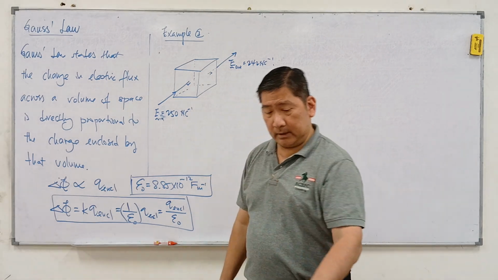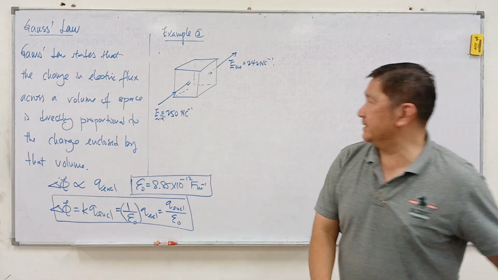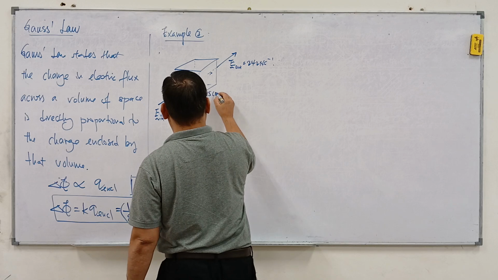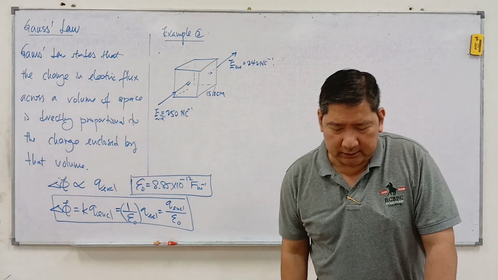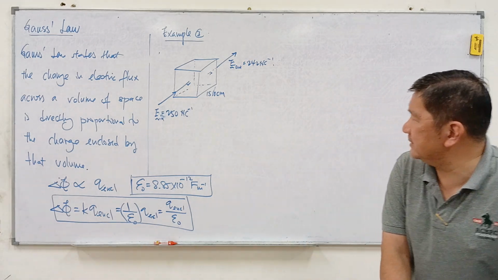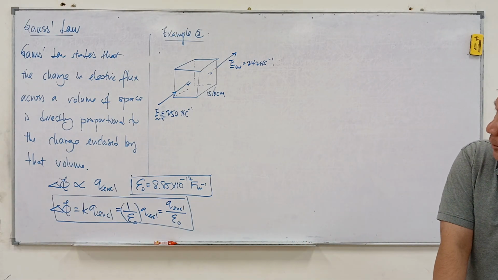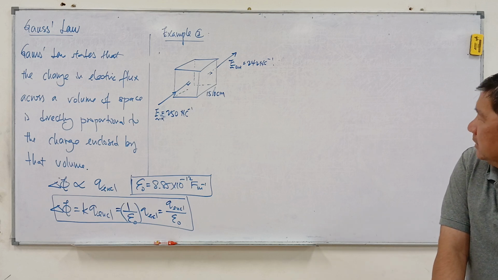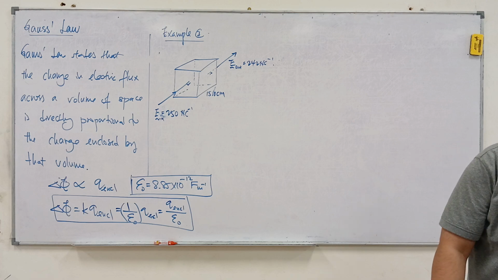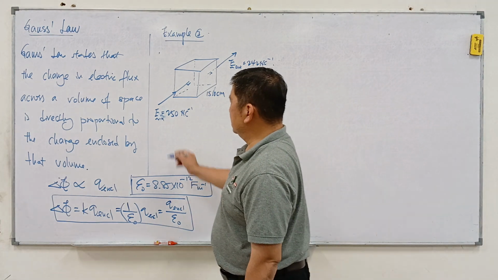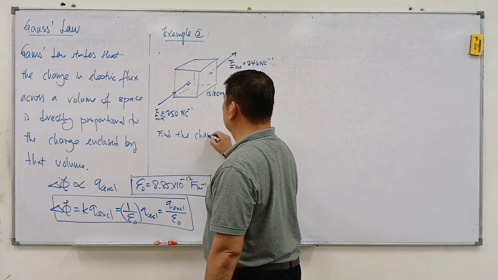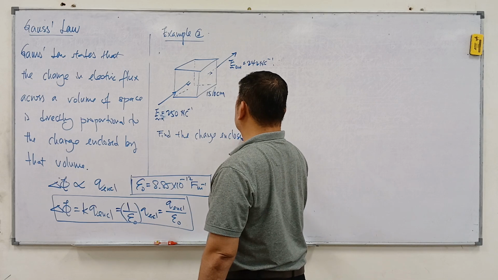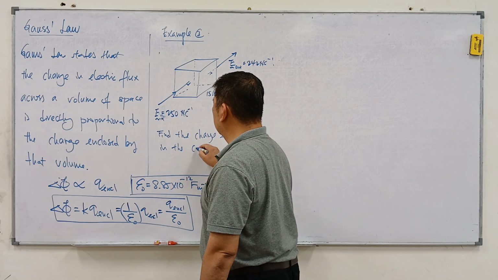A cube of size 15 centimeter. So that means a cube, every side is the same. So 15 centimeter is placed inside an electric field. The one entering from one of the surfaces is 250 Newton per Coulomb. When it comes out, it becomes only 242 Newton per Coulomb. The question is, find the charge enclosed in the cube.